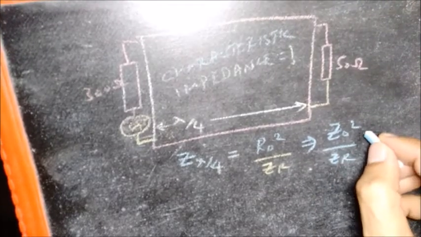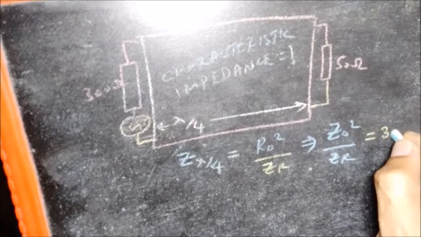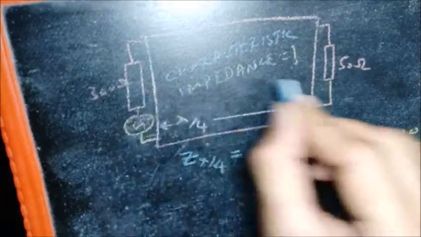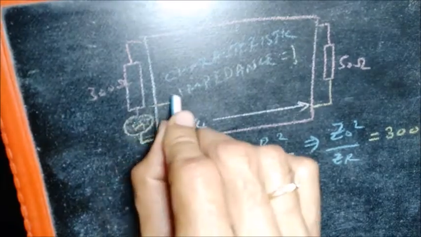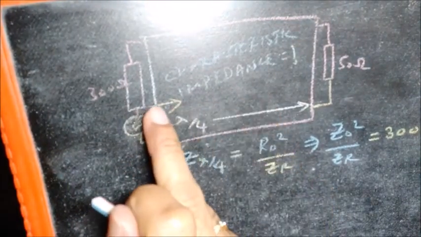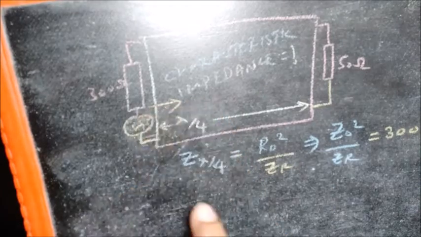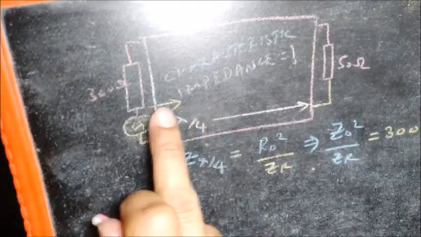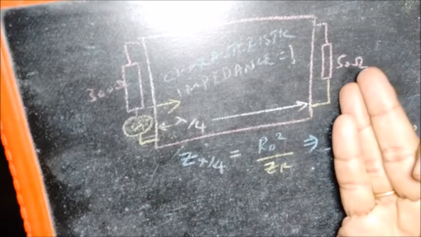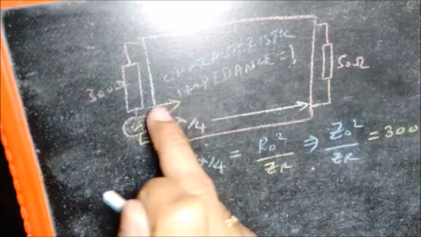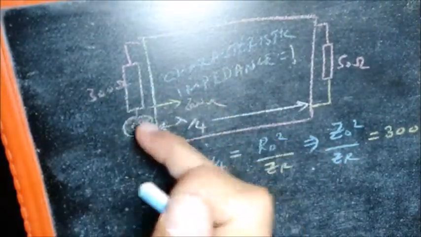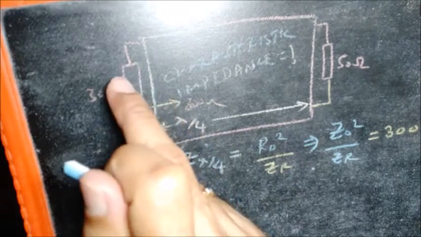And this, in our case, has to be 300 ohms, so that the impedance of this lambda by 4 line, as seen from here, has to be 300 ohms. This is nothing but Z lambda by 4, the input impedance of the transmission line of length lambda by 4, which has a 50 ohm resistance at its output. If this impedance is 300 ohms, then we have a perfect match because the source has a 300 ohms impedance.